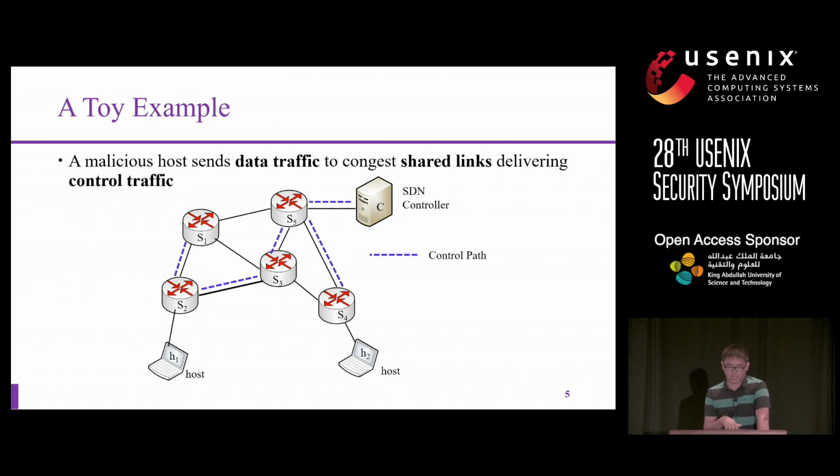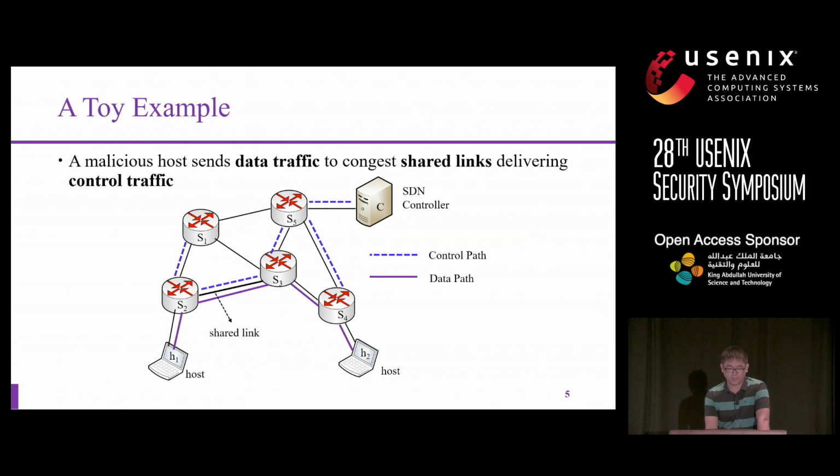The dotted blue line is the control path. Switches and controllers communicate with each other in this control path. And the purple line is the data path between 2 hosts. Host H1 can send traffic to host H2 over the data path.